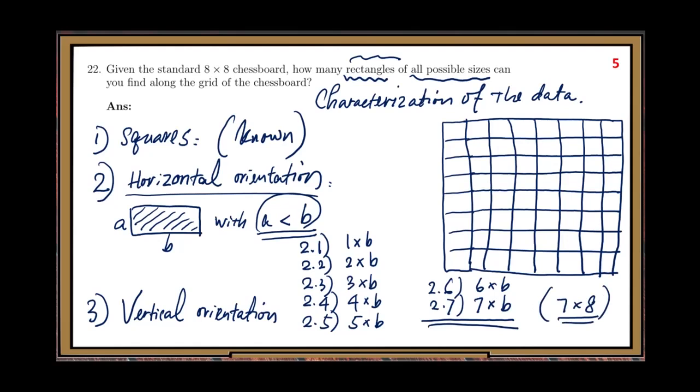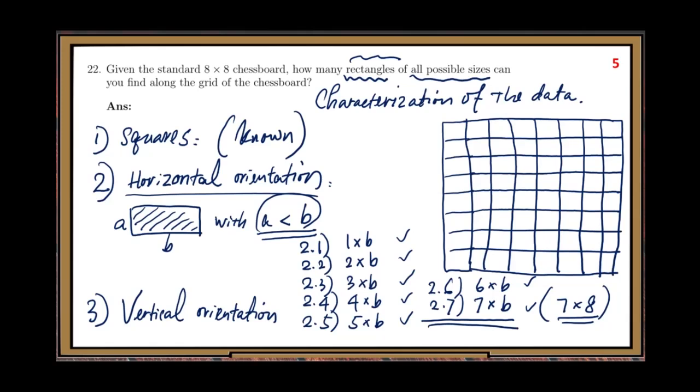If you count the number for each subcase, you find the subtotal, then add them up. So you get the number of horizontal rectangles.